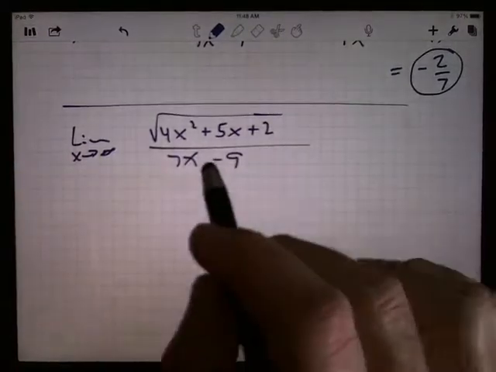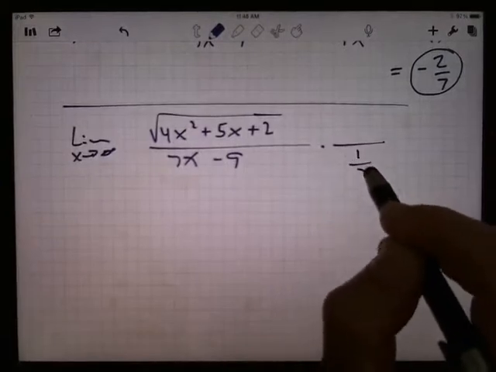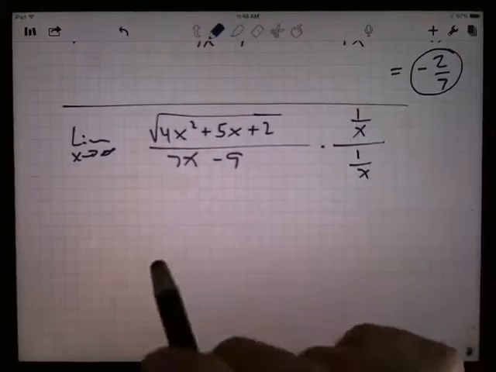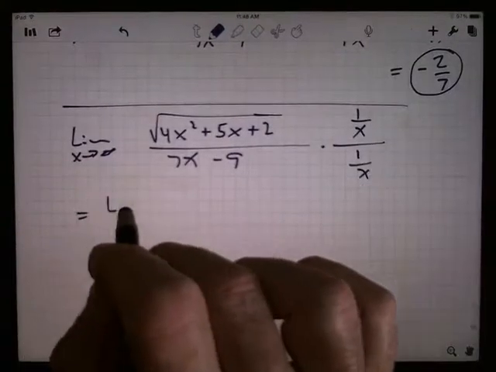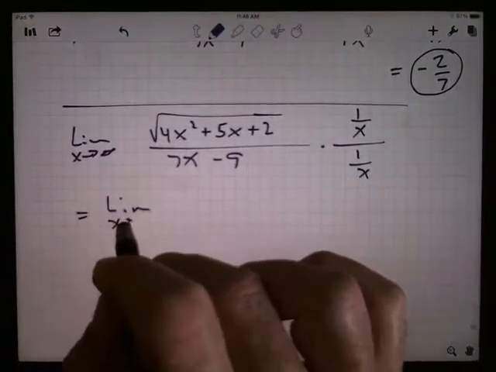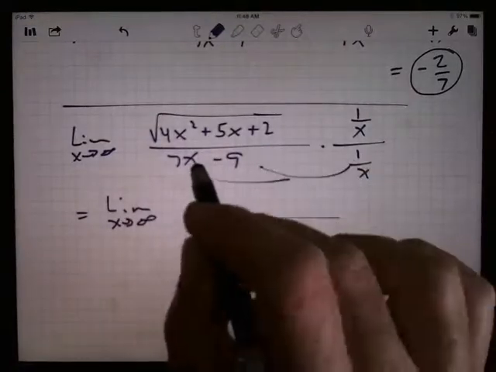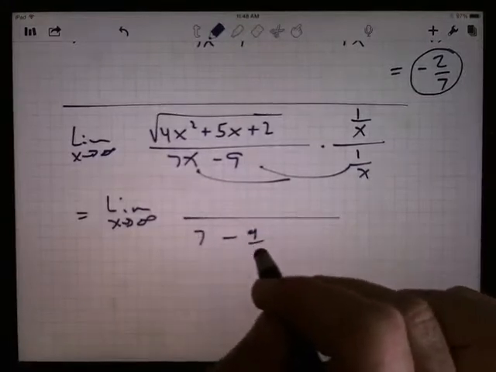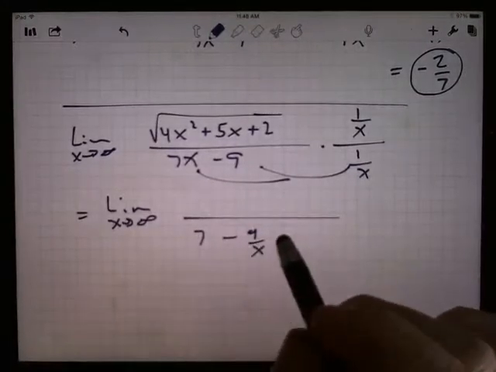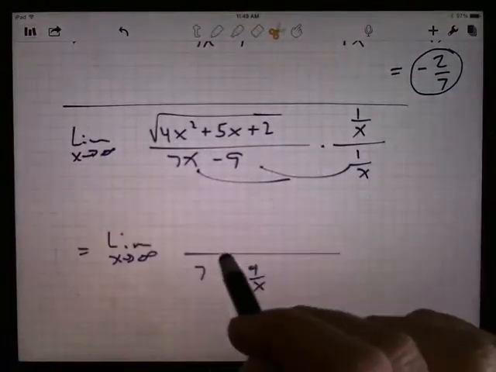The way the book does this is they look at the biggest power in the bottom and they say, I want to multiply by 1 in the form of 1 over whatever that thing is. So I've got an x. I'm going to do 1 over x on the top, 1 over x on the bottom. So this is the limit as x goes to infinity of, distribute this in here, so this is 7 minus 9 over x. Now in the numerator, actually I've got to slide this down a little bit here.